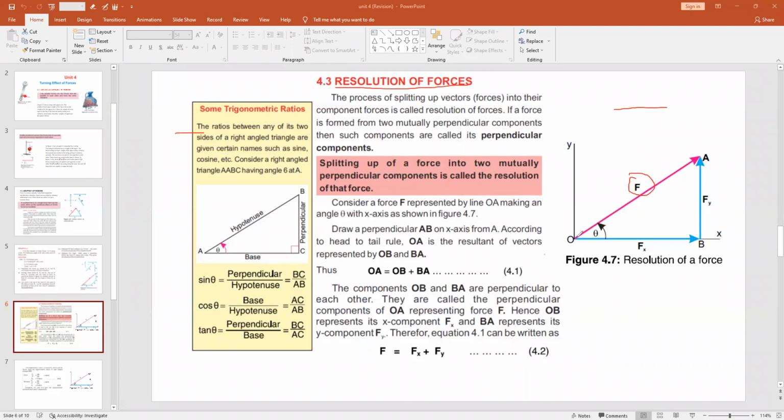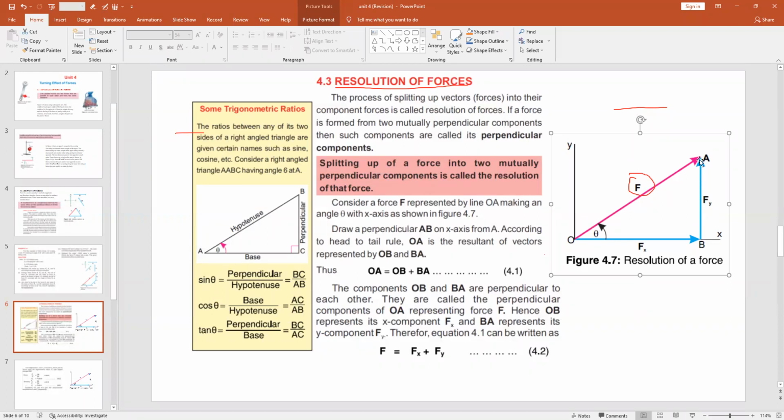For that, we draw a line along the x-axis that we represent by Fx, and then we draw the line on the vertical component, that is the y component, Fy.